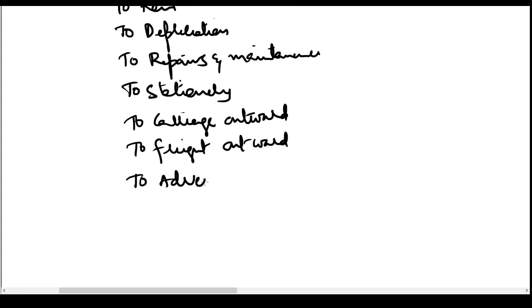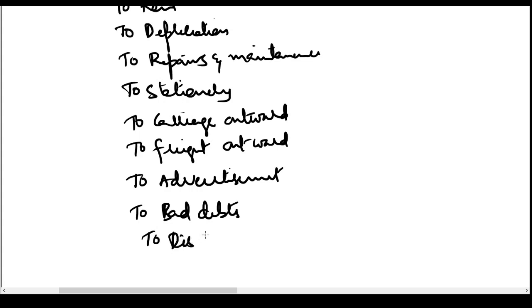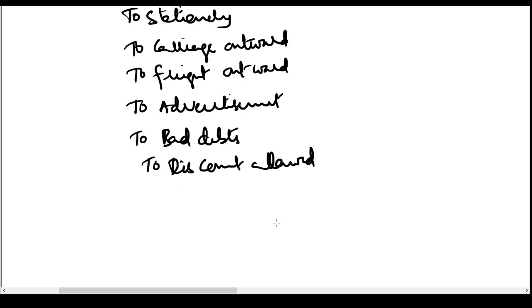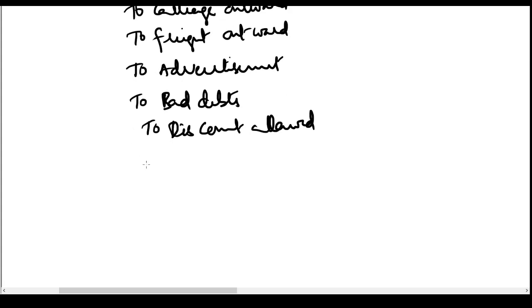Advertisement, if you are incurring any expenditure for advertisement, that expenditure is also debited to the profit and loss account. Bad debts, if customers do not pay the amount, we debit the amount to a bad account called the bad debts account, so that will also be debited to the P&L account. To discount allowed, if customers are willing to pay money early and we give them some discount, that discount is also debited here. If we are paying any commission to any broker for getting the goods sold, that commission is also debited here to commission.